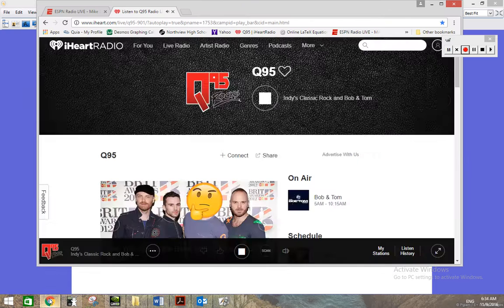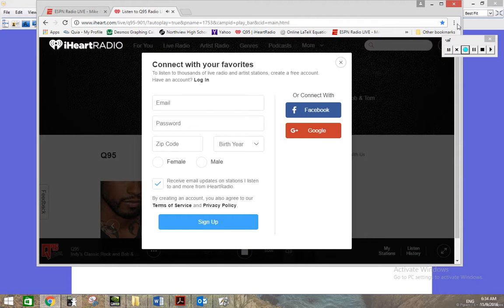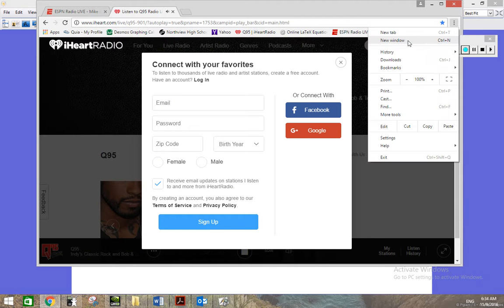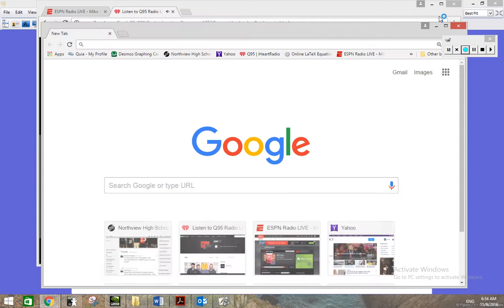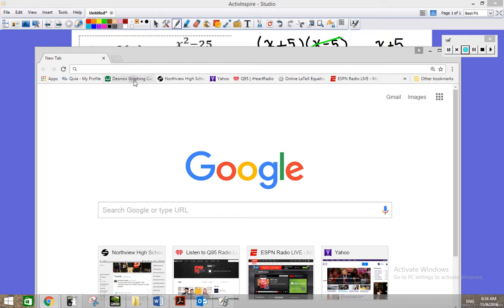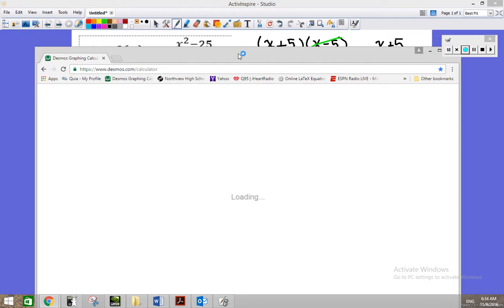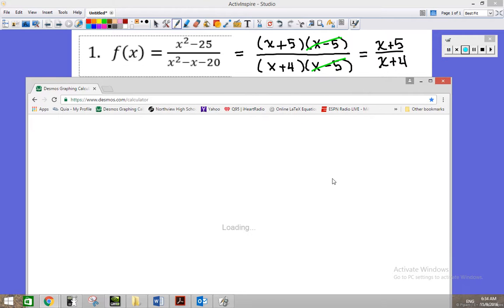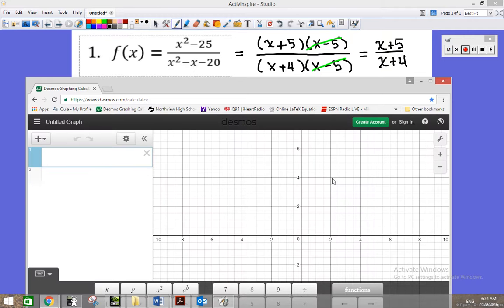Now to verify that we have the correct answer, or at least the vertical asymptotes, let's go to that Desmos graphing calculator, and let's plug in the value. I'll need parentheses around my numerator.